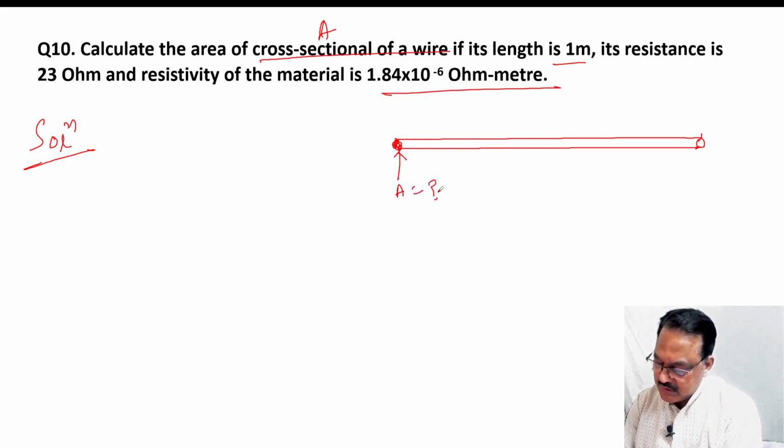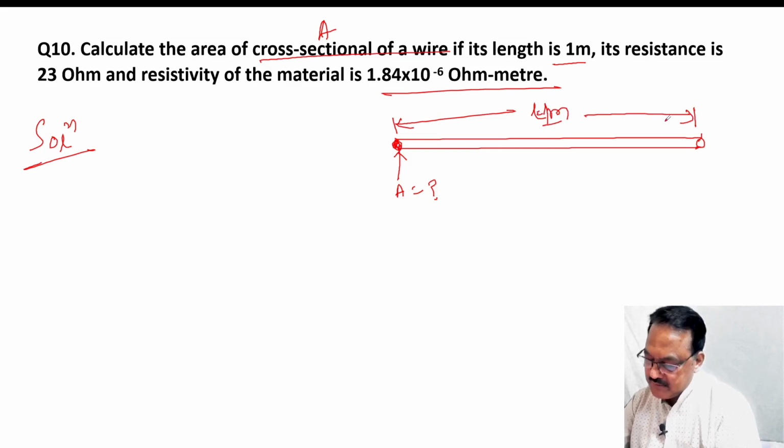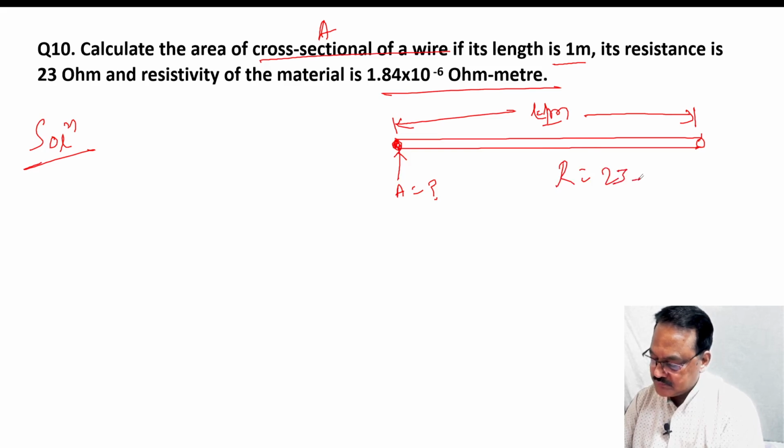Then the other parameters are given. What is the length of this conductor or wire? We can say this is 1 meter. L is equal to 1 meter. Next parameter, resistance R is also given. How much? 23 ohm.